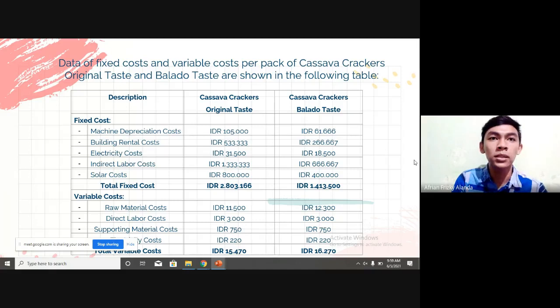And the total fixed cost of cassava crackers original taste is 2,803,166 rupiah.